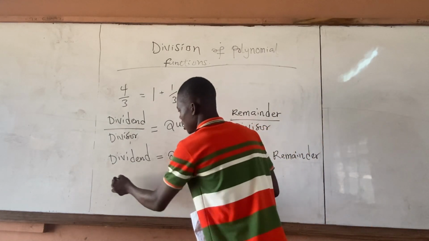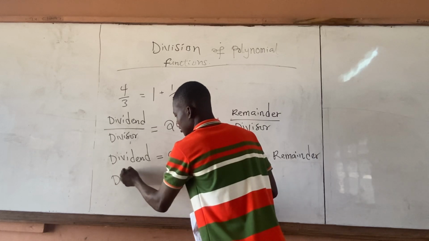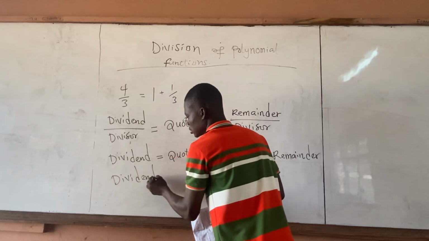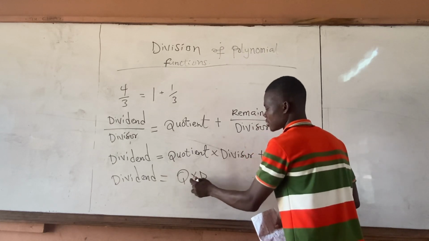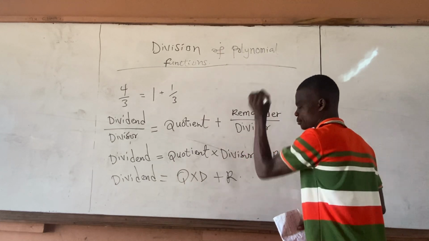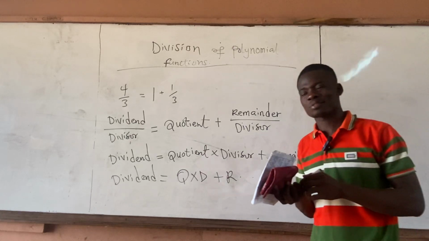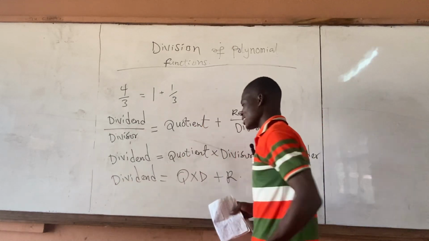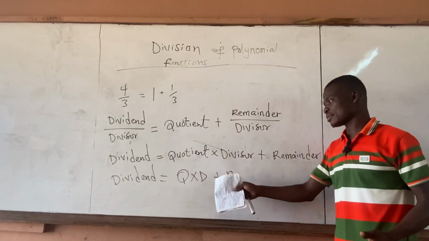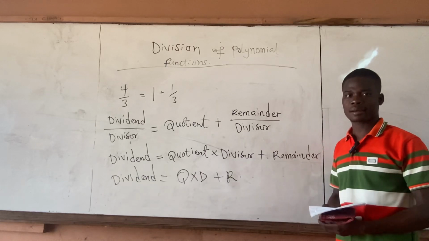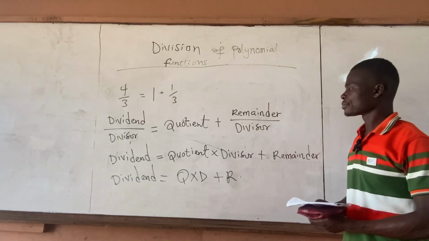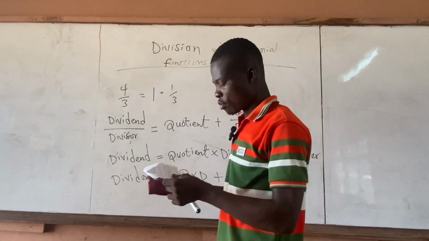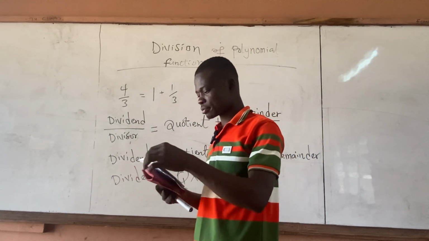So now our dividend is equal to Q times D plus R. This is how to find our dividend: dividend is equal to quotient times divisor plus remainder. Okay. Now, let's move on to solve some examples.